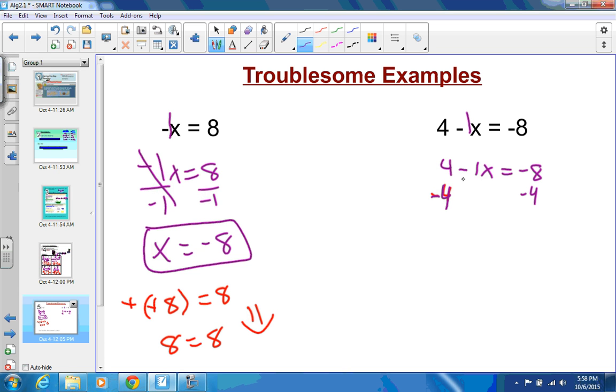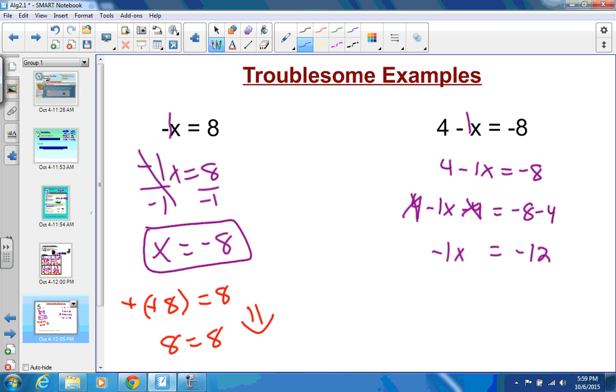And if you prefer to rewrite it, which I'm going to rewrite it actually, like this. So 4 minus 1x minus 4 equals negative 8 minus 4. Negative 8 minus 4 is going to be negative 12. And this is where you have a positive 4 minus 4. Those cancel out. And you still have that minus 1x though.